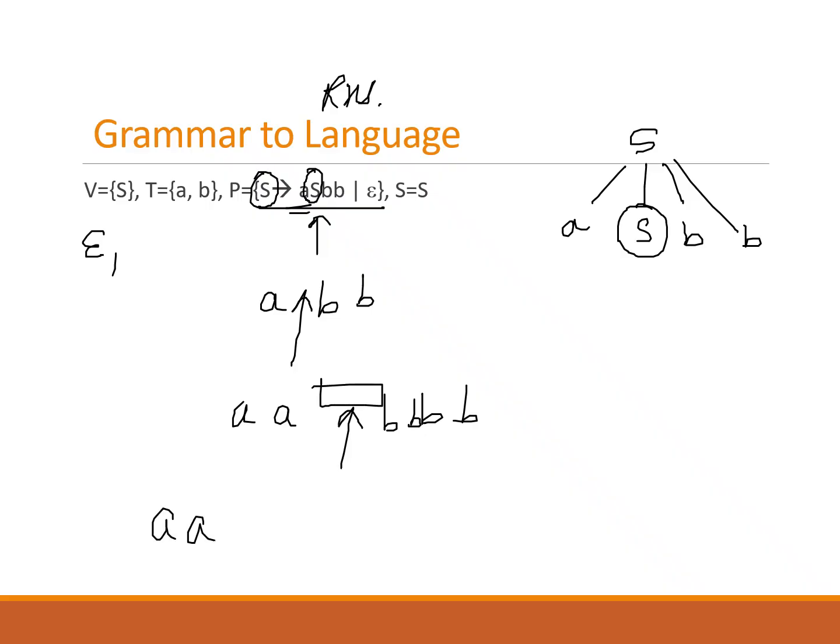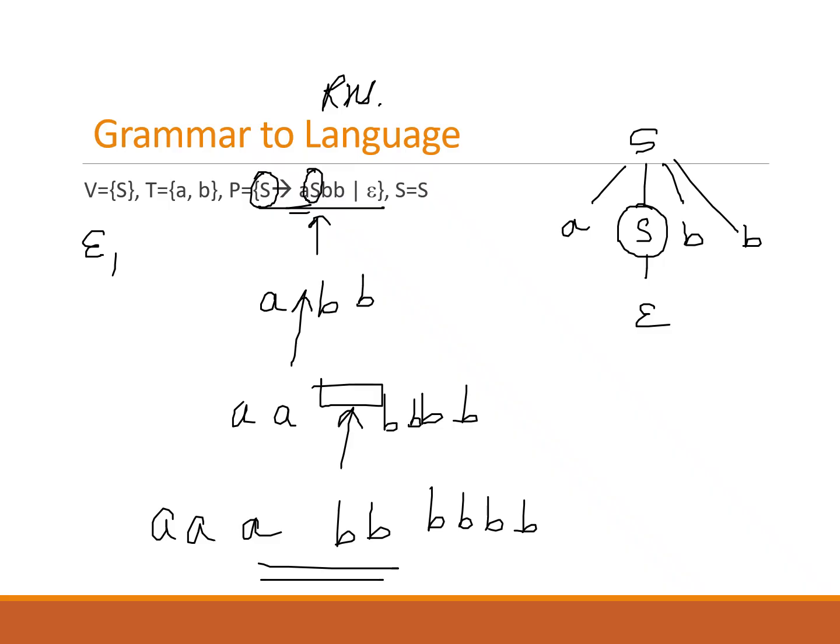So again, if we see here, we already have 4 times B. If I now add S or expand S, it will be A double B again. So I am able to do the expansion at the center because of this S here. So let us see, this can be made epsilon initially.